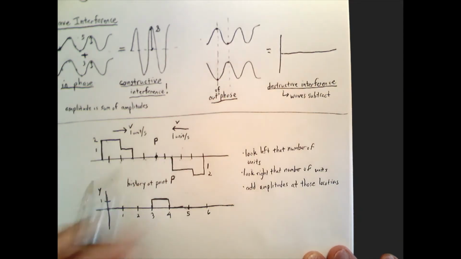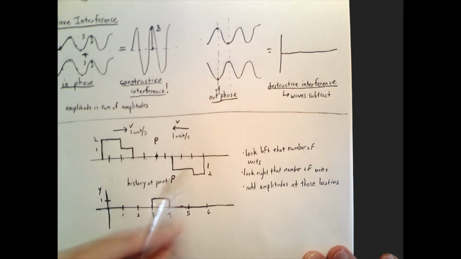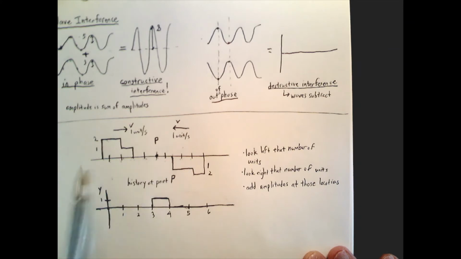So we have these two pretty complicated waveforms, these steps that go up and down, and when they cross over each other, all we get is this weird one up step for that duration. So at that point was where they were actually able to constructively interfere, but at every other point they destructed to complete oblivion.